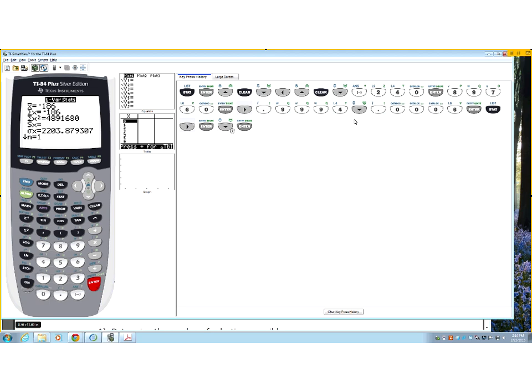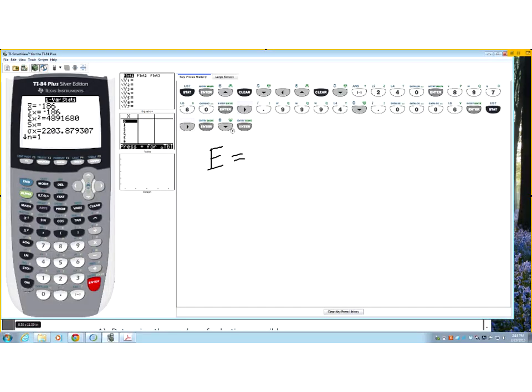All right, so I don't see a symbol there for E. So what should I do? I do not see a symbol for E. And I was trying to get expected value. So what is it? What do I know about how this calculator gives me my information? I should know E from here.